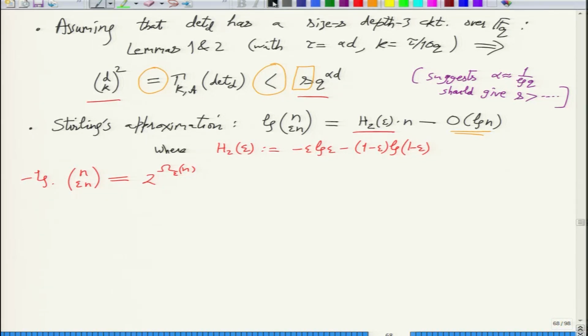Okay, so let us take log both sides. So that will give you, on the LHS, log of d choose k square, which, using that formula, you get d times h2 of k over d, sorry.